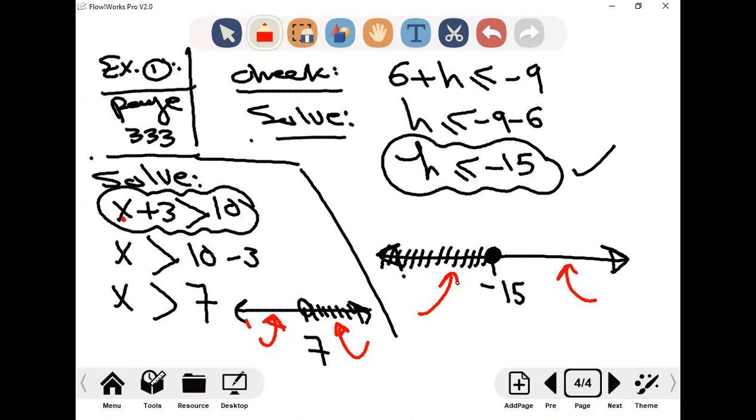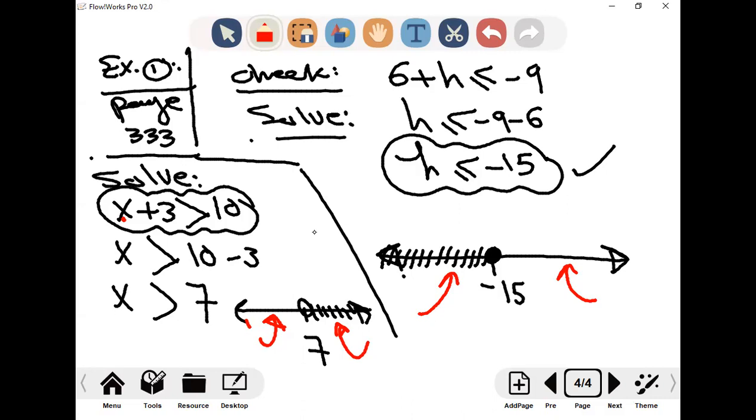1. 1 is not more than negative 15. Put 1.